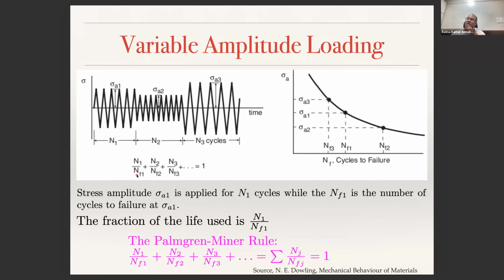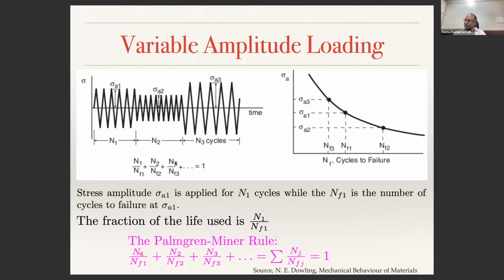With variable amplitude loading, the sum total of all these fractions cannot be greater than 1, because that is the total life available. That rule is what we call the Palmgren-Miner rule.